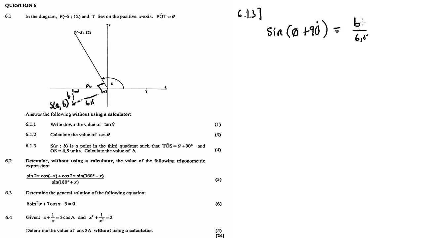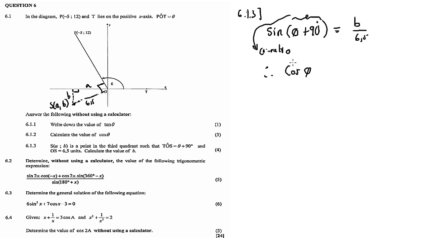Now we need to calculate the value for B, but theta plus 90 degrees is a co-ratio. We must simplify using the co-ratio reduction formulas. This is a co-ratio, therefore sine of theta plus 90 degrees is cos theta.